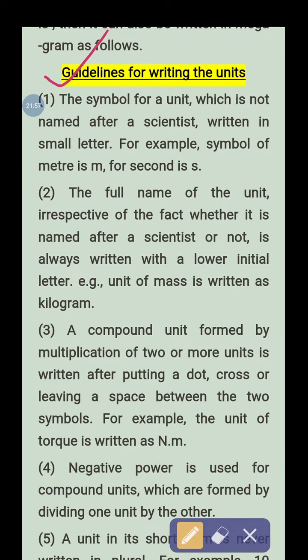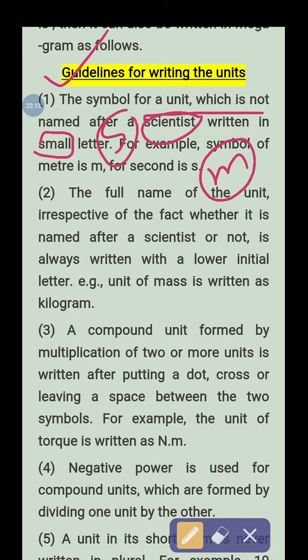The symbol for a unit which is not named after a scientist is written in a small letter. For example, meter. It is not named after a scientist. It can be written m. Second, it is not named after a scientist. It can be written as s. The full name of the unit, irrespective of whether it is named after a scientist or not, is always written with a lower initial letter.